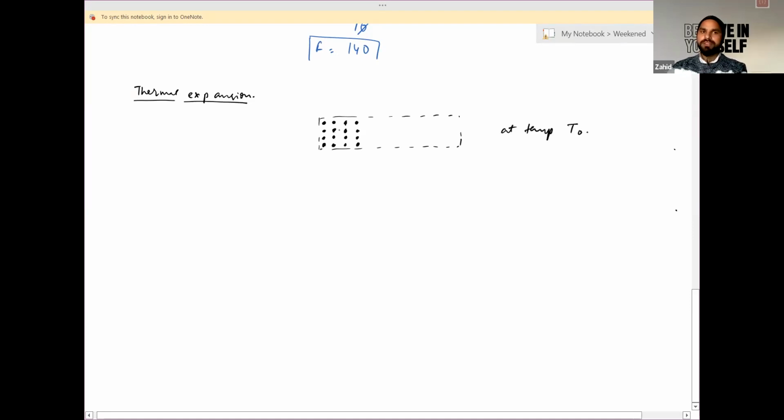If you increase the temperature of this particular body, this arrangement may differ, since on increasing temperature, the thermal energy of particles will increase. So the separation between particles will also increase. So they may get separated like this, like this.